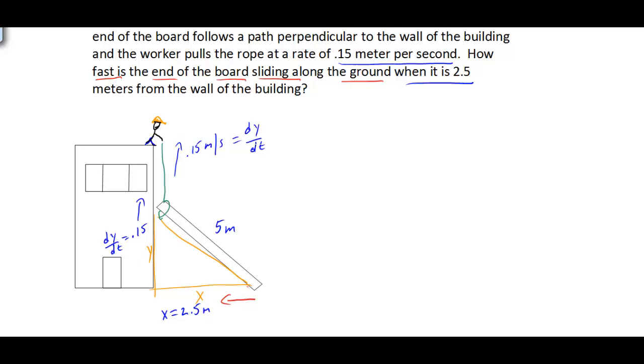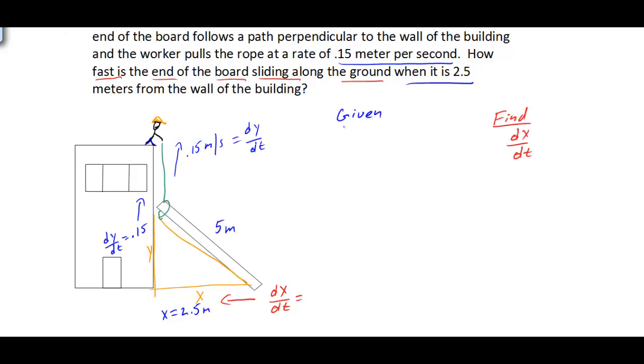And if we think of that as our x, then that means we're looking for dx dt. So we're looking at the change in the x value with respect to time. That's what we're trying to find here. So if we label this, we want to know what is dx dt.